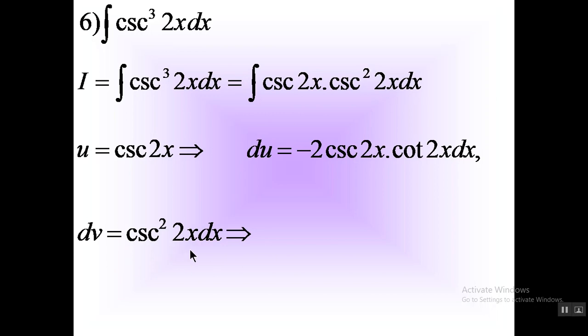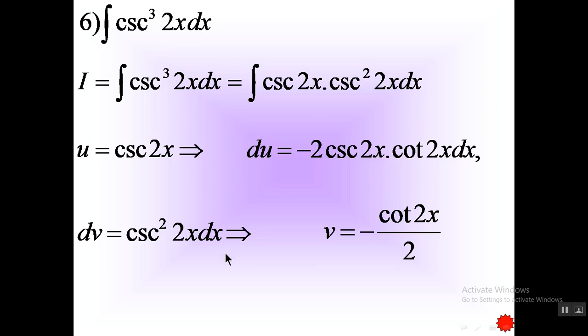To get v, we have to integrate. So v equals the integral of cosecant square 2x, which is minus cotangent. The integral of cosecant square is minus cotangent. Because of this 2, it is minus cotangent 2x divided by 2.